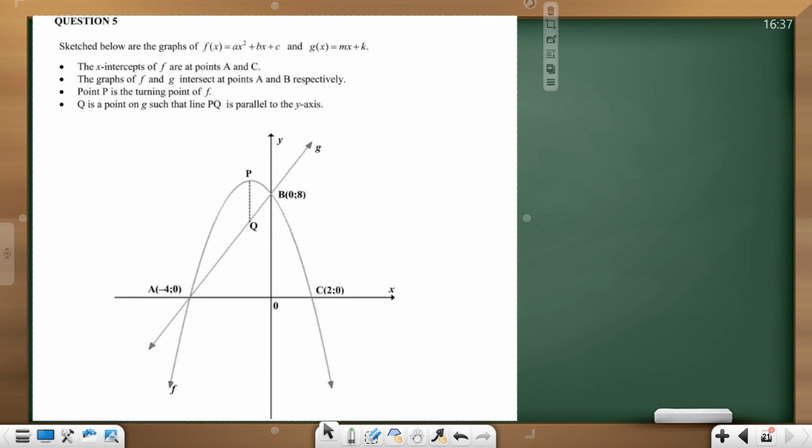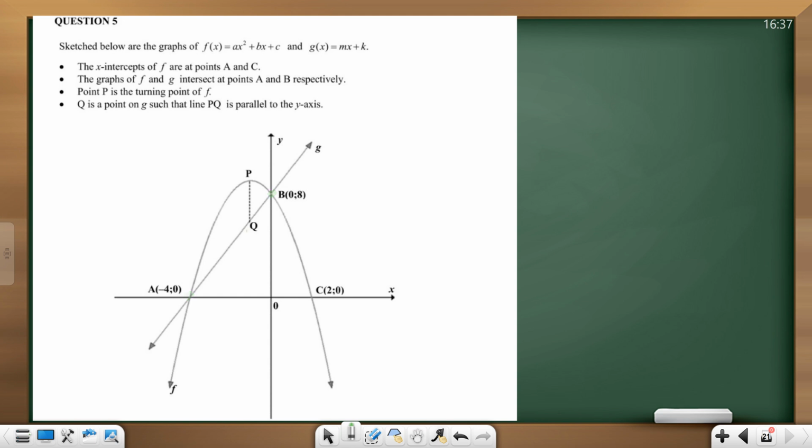Look, information first. I even cut off the question. It says, sketched below are the graphs of f(x) = ax² + bx + c. That's a parabola. And g(x) = mx + k. The x-intercepts, beautiful. The graphs of f and g intersect at points A and B. You can see the points of intersection there.